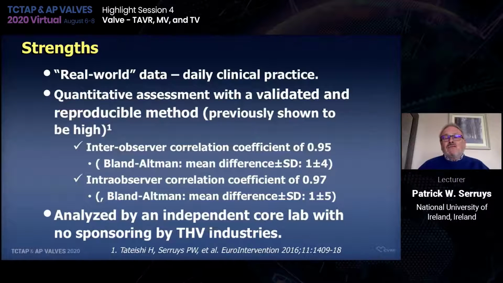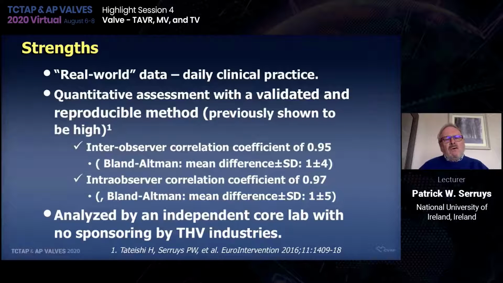The inter-observer correlation of that software is spectacular, with a coefficient of correlation of 95%. And in the Bland-Altman, the difference between two measurements is 1%, with boundaries of agreement of 4%, and the same for intra-observer. And one important point is that it was analyzed by an independent core lab with no sponsoring of the industry.